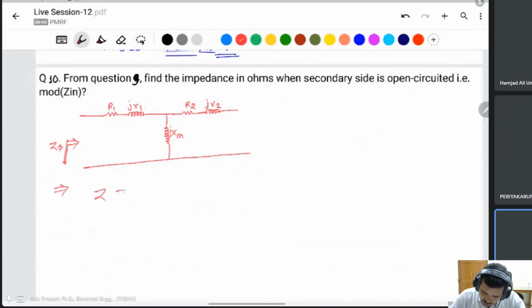Then Z is equal to R1 plus jX1 plus jXm only. This is the impedance in the input side.